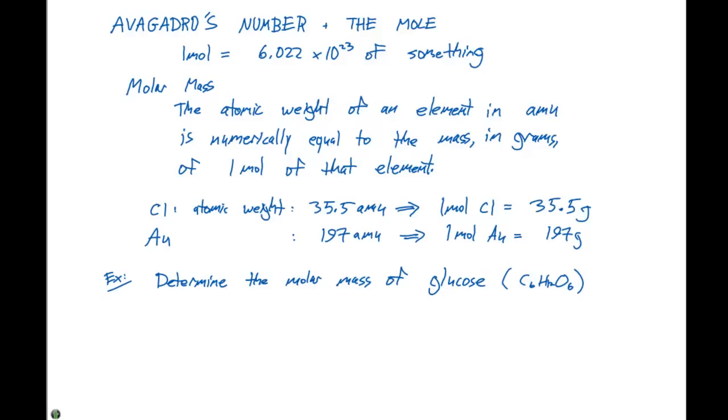Remember that when we look at a formula weight, the units are going to be in atomic mass units, and a molar mass is going to be units of grams per mole. These two quantities are equivalent numerically.